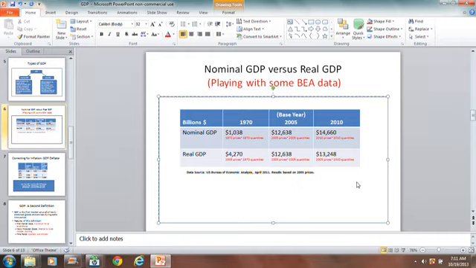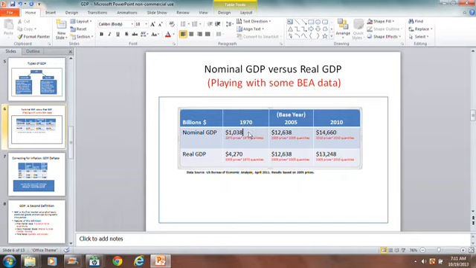Alright, so for example, let's take the year 1970. They have a nominal GDP number of 1,038. These numbers are in terms of billions, so it would be 1,038,000,000,000.